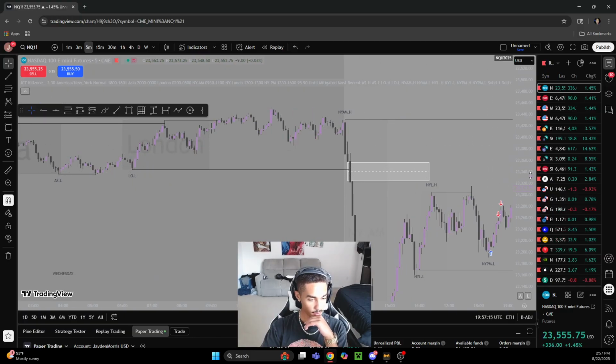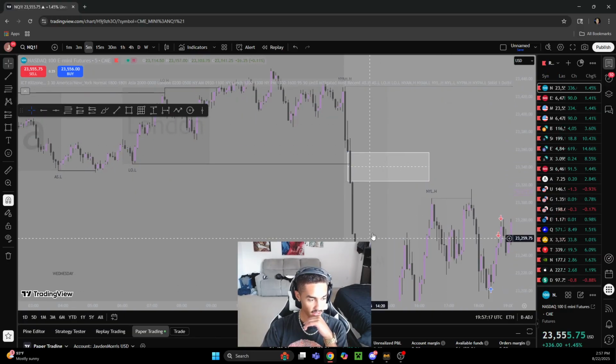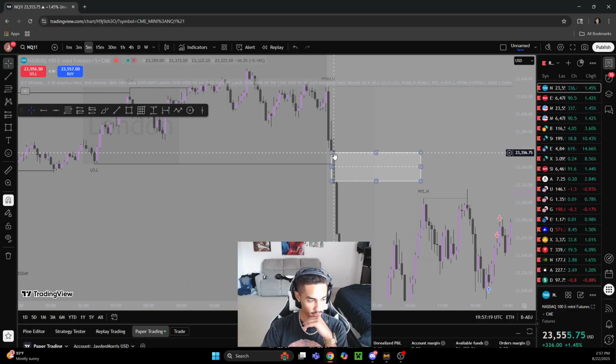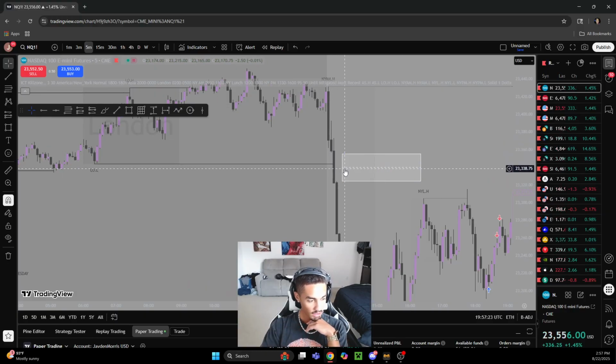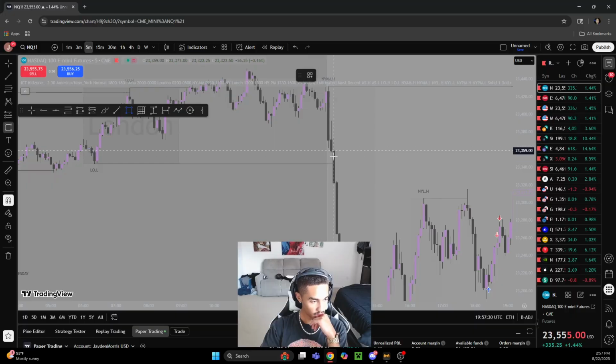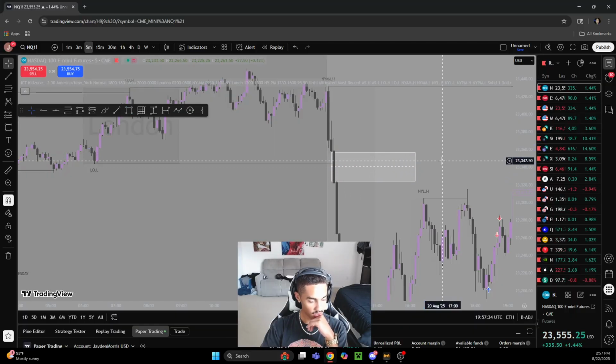So right here, boom, we had a huge move down, huge dump down, and we created a fair value gap, inverse fair value gap, IFVG. You want to draw it. I draw mine from the bottom of the first candle to the top of the third candle. So the first candle now in this sequence, instead of being on the bottom, it's going to be on the top.